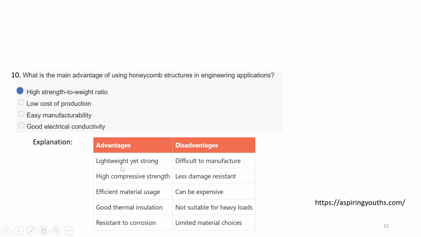Other advantages of using honeycomb structure are they are lightweight but strong, they have high compressive strength, efficient material usage and good thermal insulation. They are also resistant to corrosion. Disadvantages include difficult to manufacture, they are less damage resistant, they can be expensive, they are not suitable for heavy loads, and they have limited material choices which can be converted into honeycomb structures.